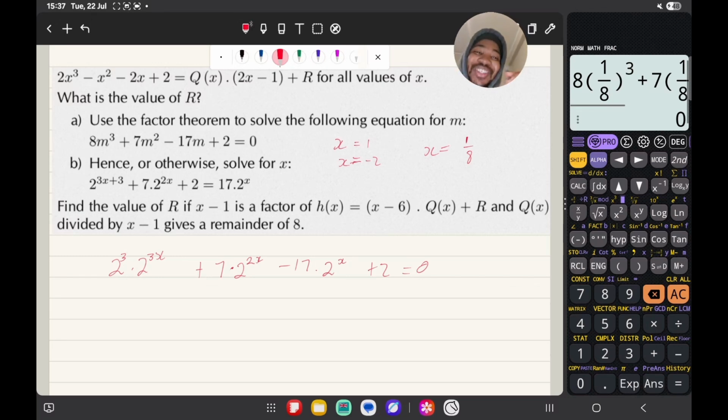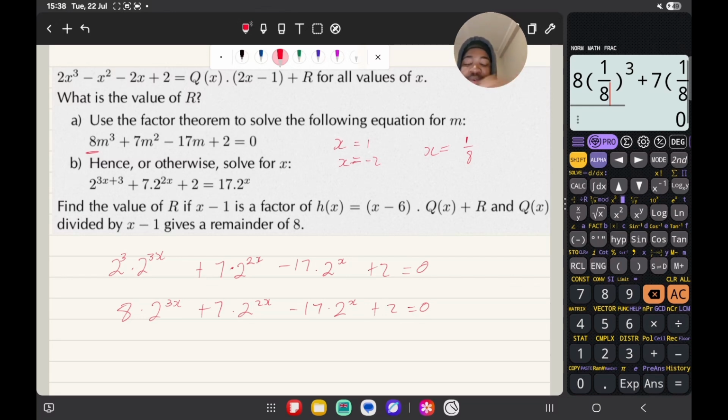So we have 8 here, because 2 to the power of 3 is 8. So it's 8, and then multiplied by 2 to the power of x, plus 7 times 2 to the power of x, minus 17, plus 2 equals 0.